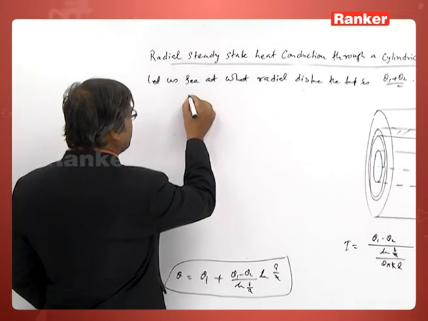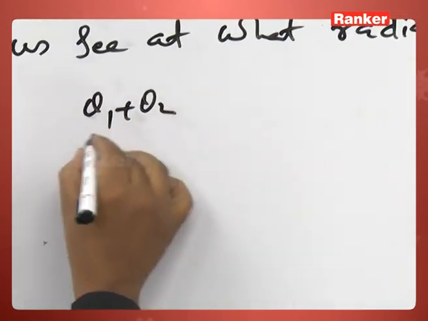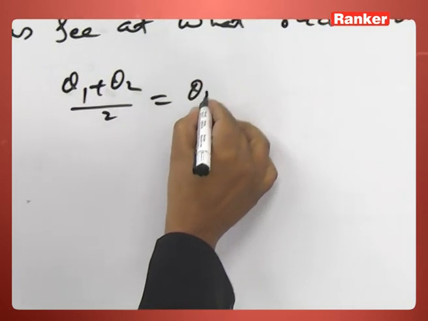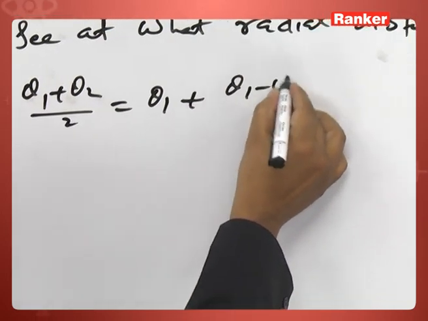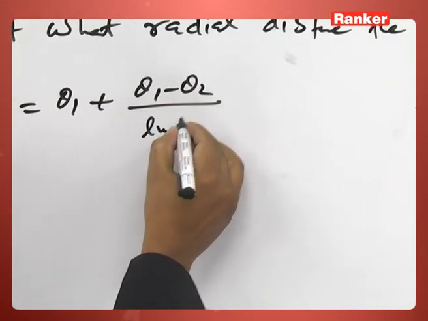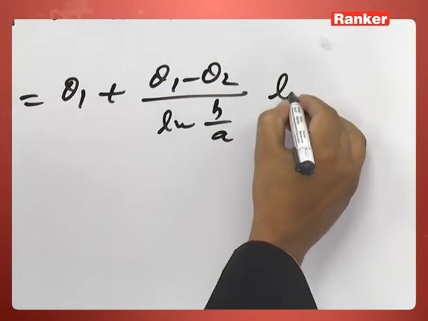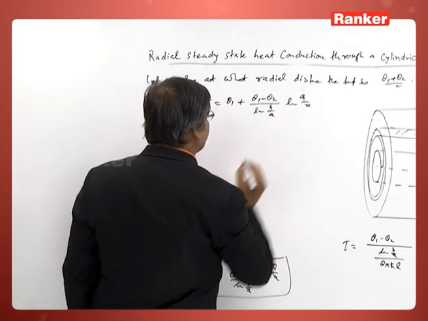So, thus substitute it, theta 1 plus theta 2 by 2, this is theta 1 plus theta 1 minus theta 2 by ln B by A into ln A by x.